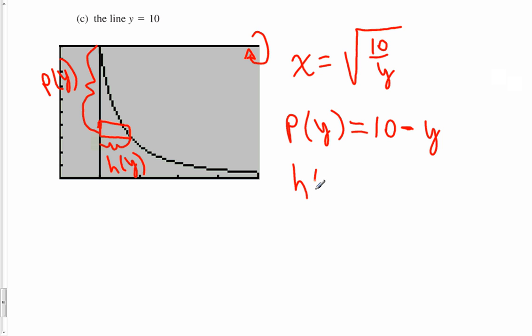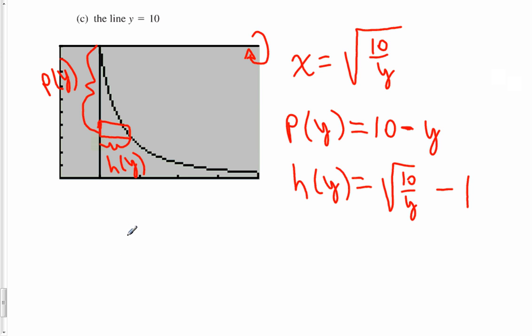Hy seems to be the difference between the x value on the function here and the x value 1, the vertical line x equals 1. So that is the square root of 10 over y minus 1. So there I have my py and my hy.